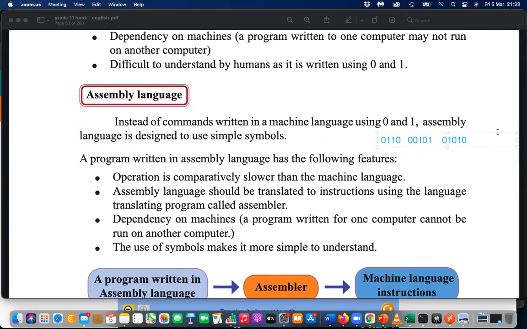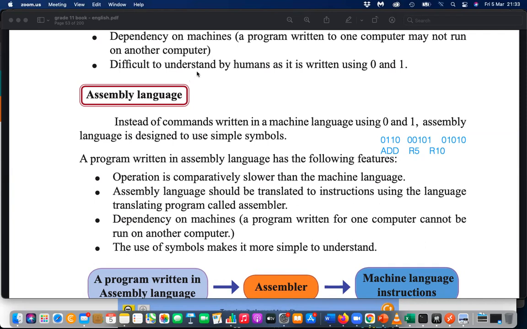what the assembly does is make this easier by representing it using some English letters. So let's say R5 is register 5, and R5, I'm going to add this to R10. So this is the assembly code, right?